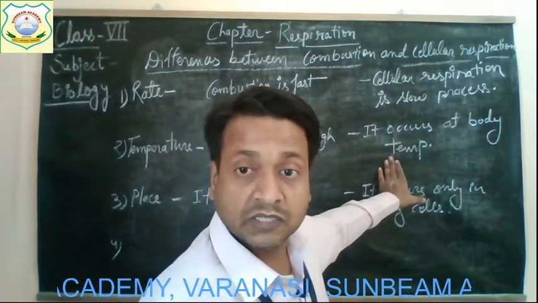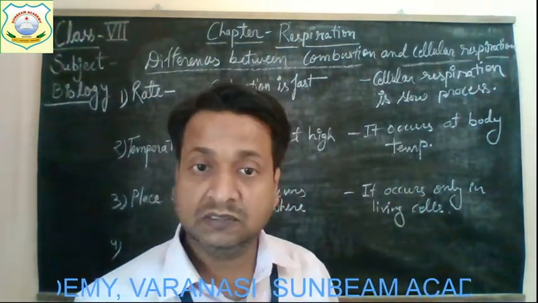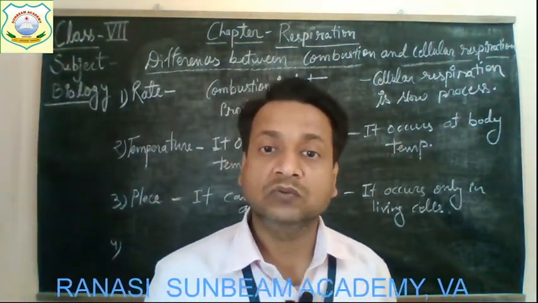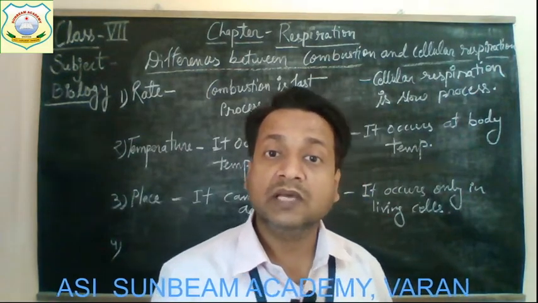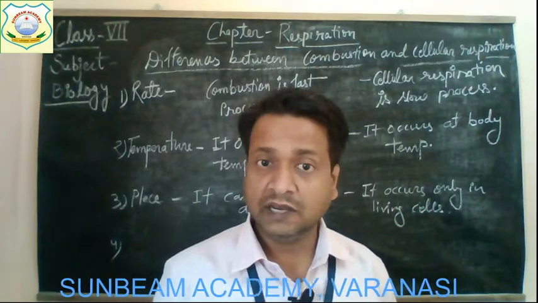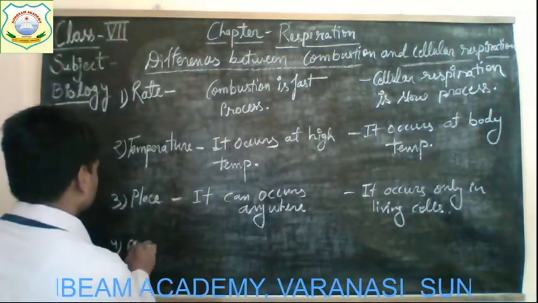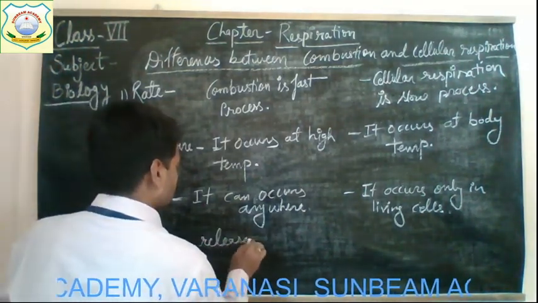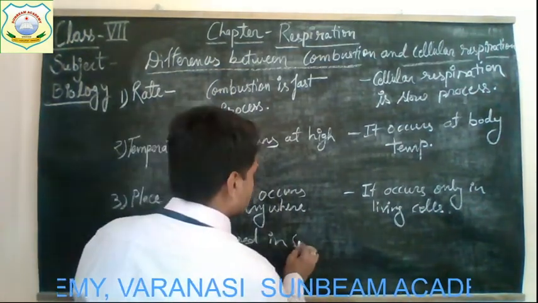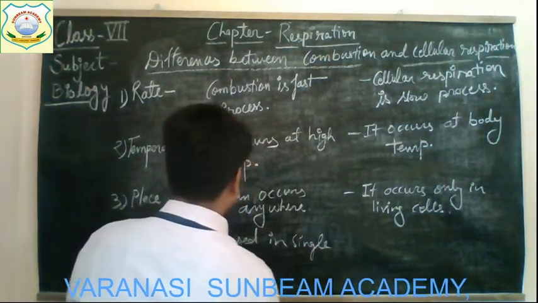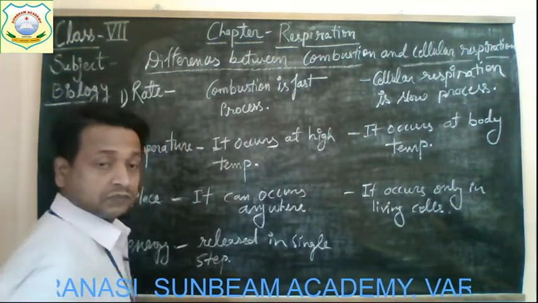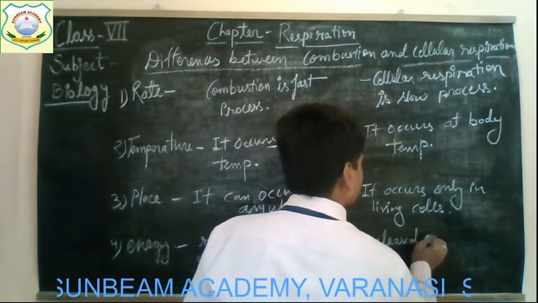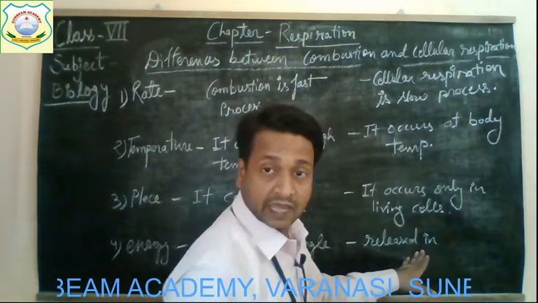Whereas in cellular respiration, the energy is released in steps, not in a single step but in many steps, and stored in chemical molecules. And the name of these chemical molecules is ATP. Got it, children? So here energy is released in a single step, and in cellular respiration energy is released in steps.